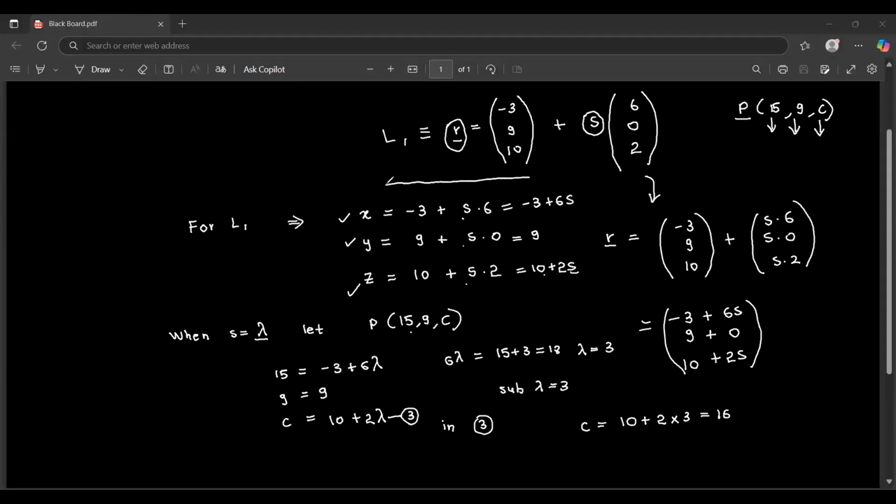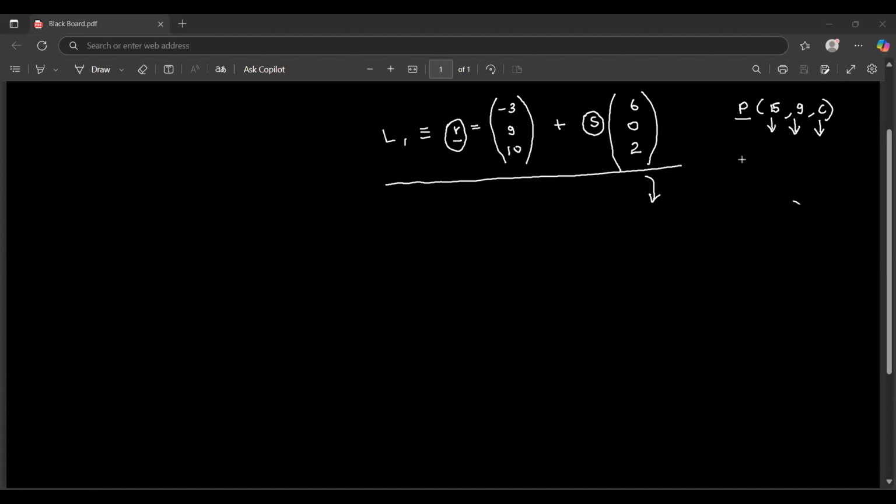This is the equation for L1, and they are saying L2 is parallel to L1, which means we can say L1 is equal to, I don't know, k L2. Sorry, we can't say that. We have to mention the direction vector. In this case, we have to say the direction vectors are the same.